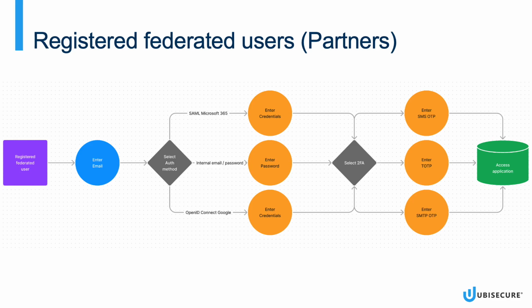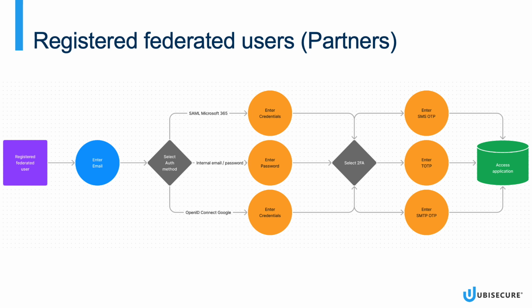And depending on what kind of policies they have in place, they might or might not require MFA on their user account. And when they get authenticated in their system and redirected back to our system, we again prompt them to select one of the possible OTP methods.